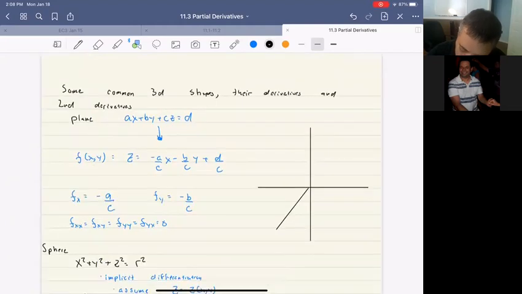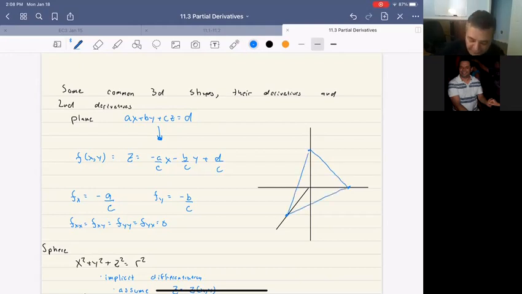For the plane, when you have a plane like this, basically you're saying you could write a plane. We've drawn it before. We should have by now. And you know that you could draw it like this, right?